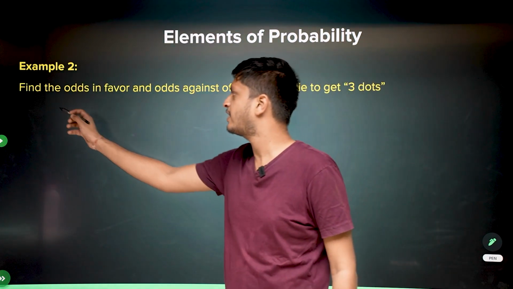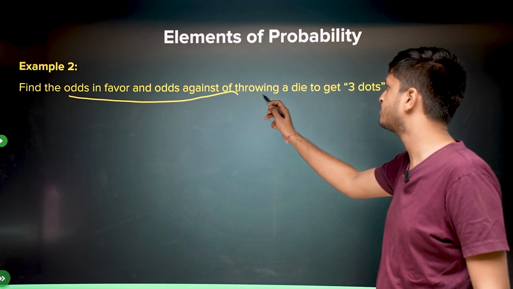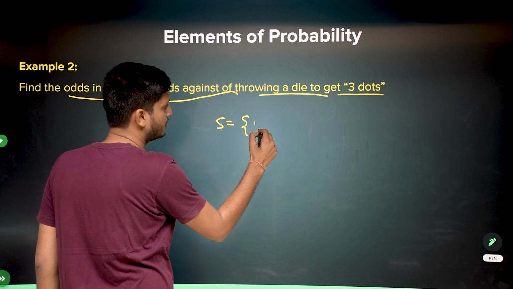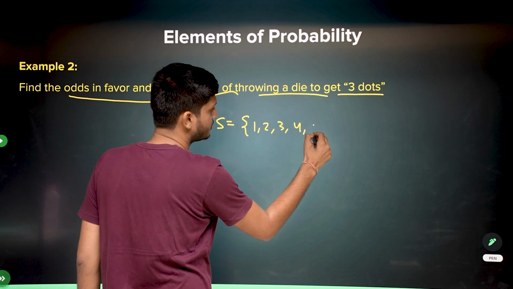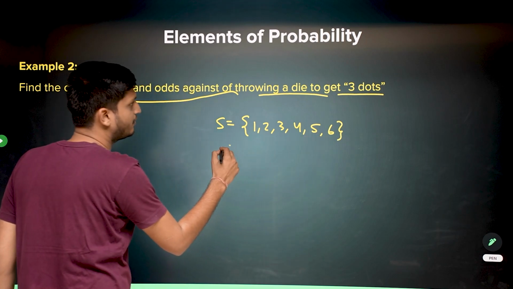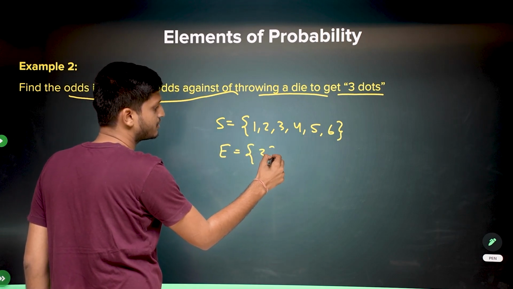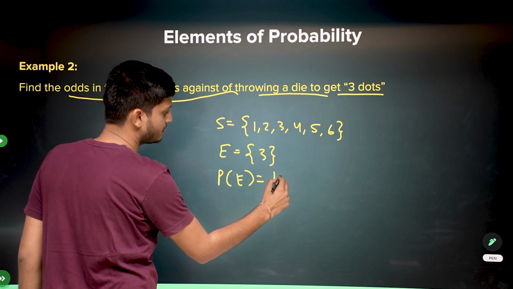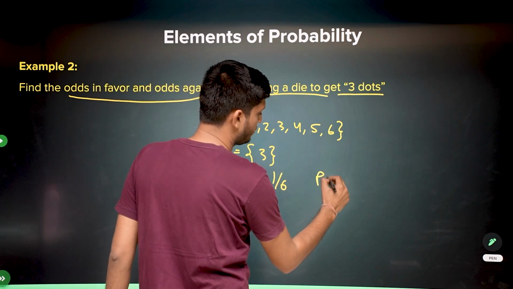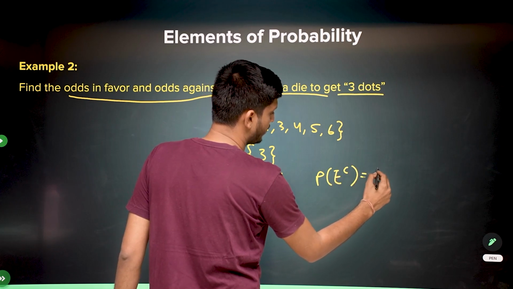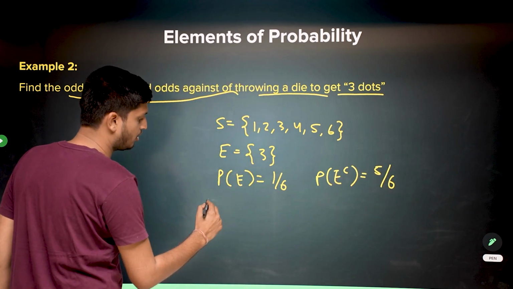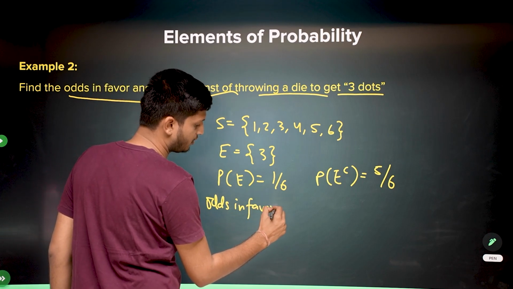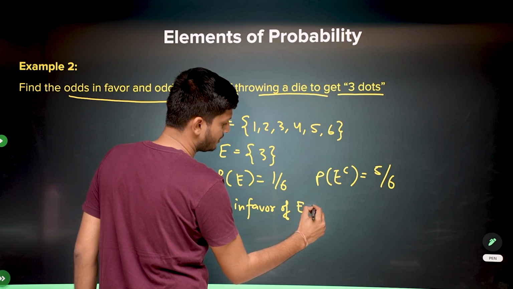So we can solve an example. Find the odds in favor and odds against of throwing a die and getting 3 dots. So the sample space is 1, 2, 3, 4, 5, 6. And the event is getting just 3 dots. This is the event. So probability of E is 1 by 6. Probability of E complement is 5 by 6. The odds in favor of E is what?